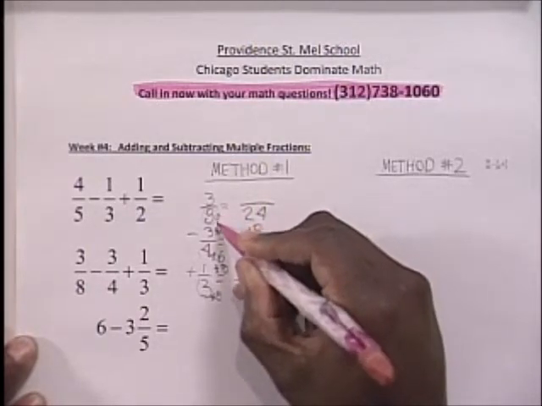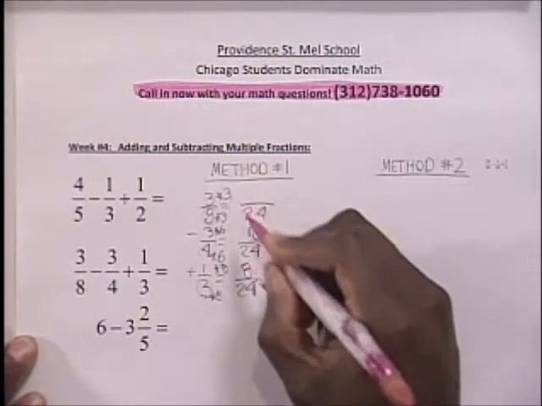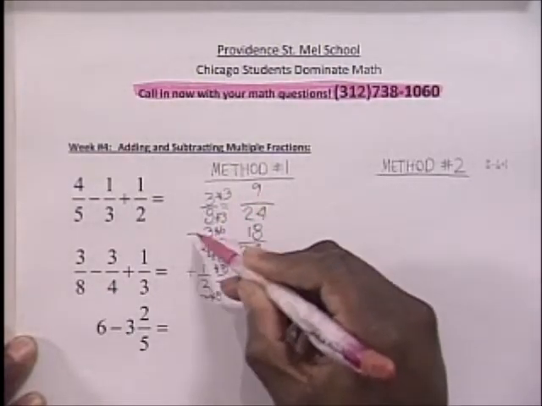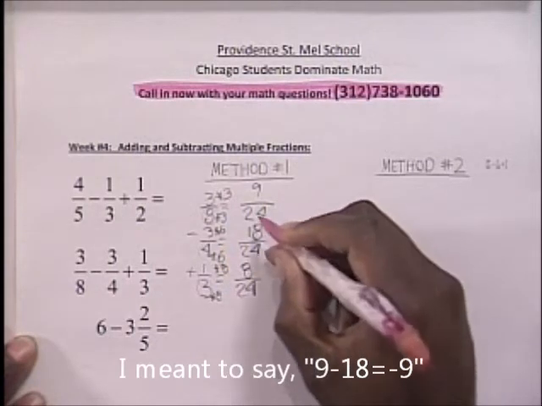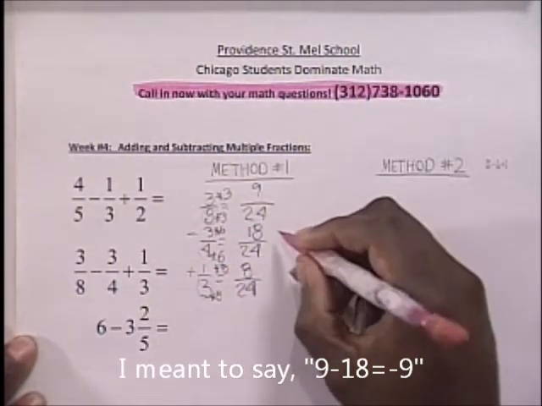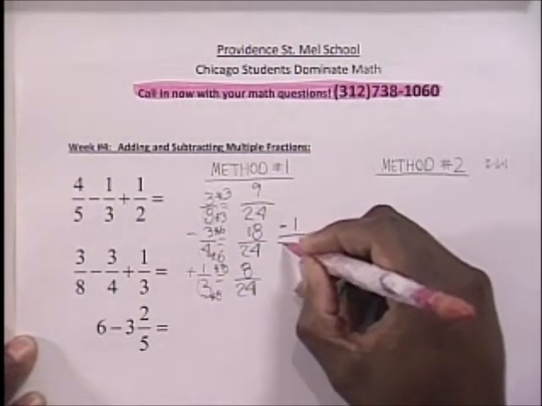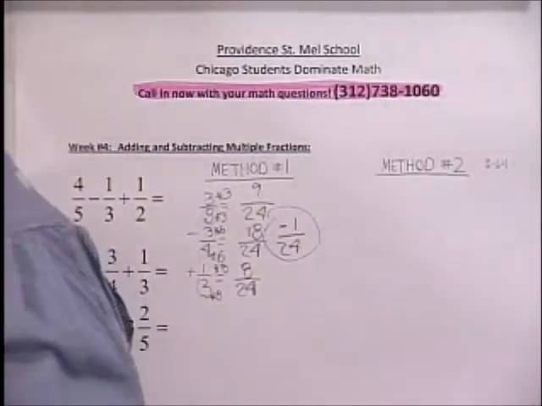And then we multiply this 3 by 8 for the 1/3 to get 8. So what we end up with here is 9 minus 18, which is a negative 9, plus 8, is a negative 1 over 24. That is our answer to this problem.